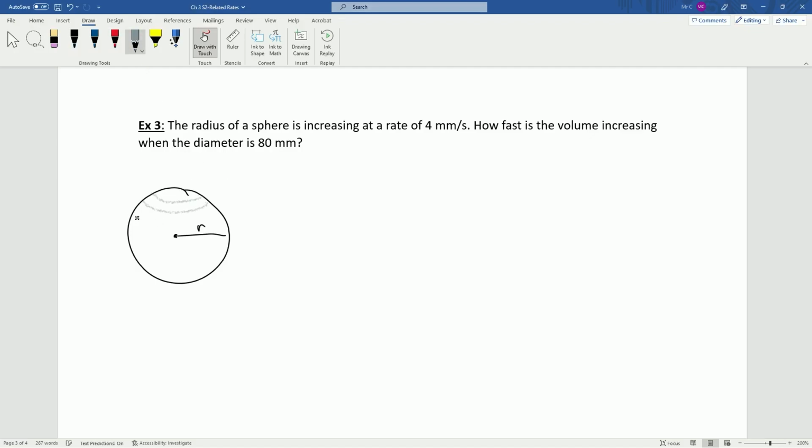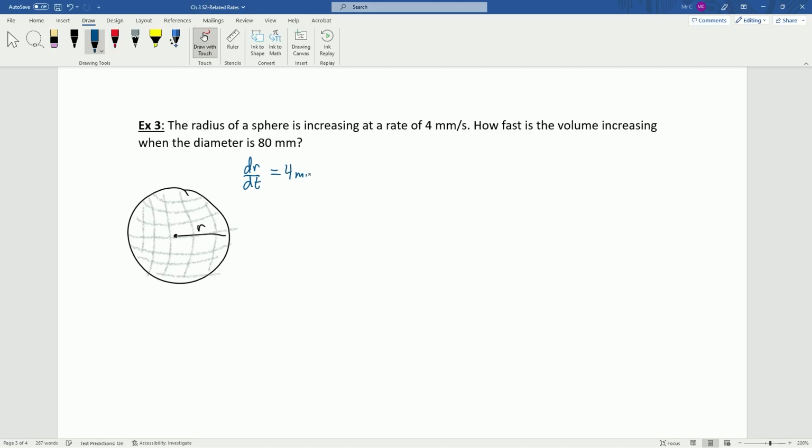Here, I'll do a little. Yeah, that's awful. All right, that's my sphere. Great job, me. All right, the radius of a sphere is increasing at 4 millimeters per second. So I've been given dr/dt.